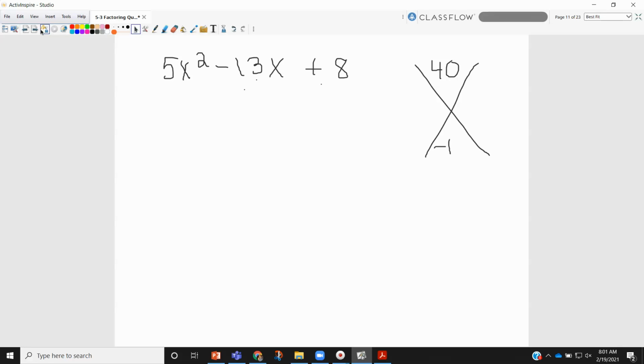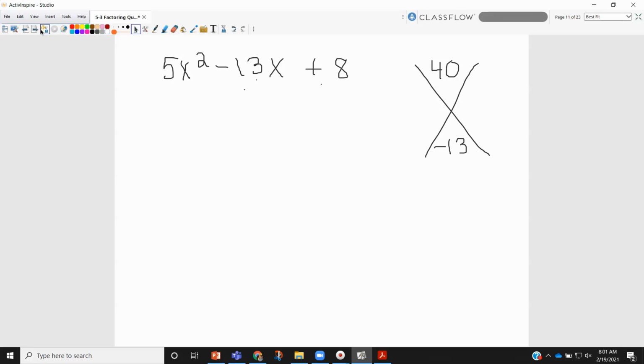Okay, so we have 5x squared minus 13x plus 8. This is an example of yesterday's case 2, where you have a positive at the end and a negative in the middle. So that gives 5 times 8, which is 40, and then negative 13.